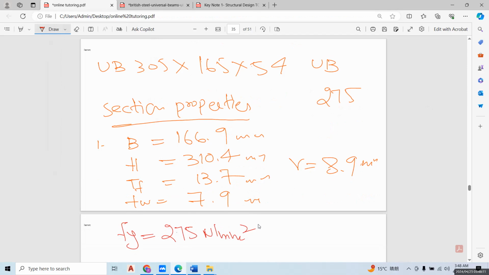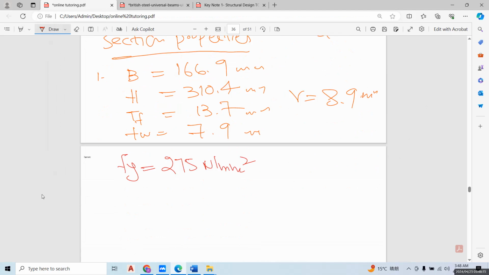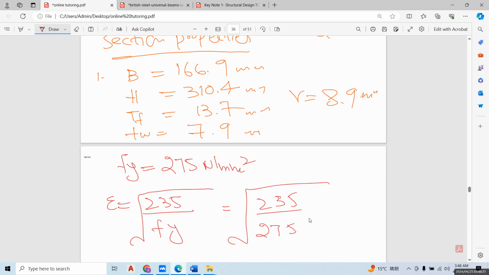Now you have to first find epsilon. The formula of epsilon is equal to the square root of 235 divided by fy. You just need to memorize the formula. So epsilon is equal to 0.92.